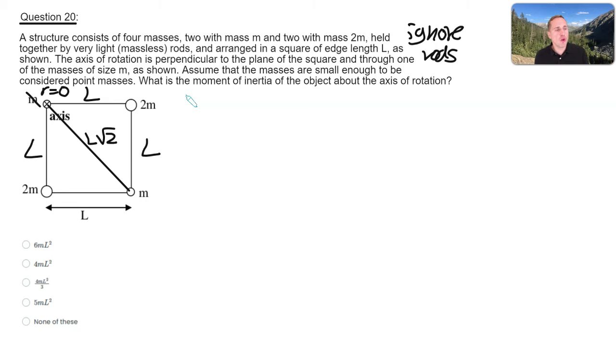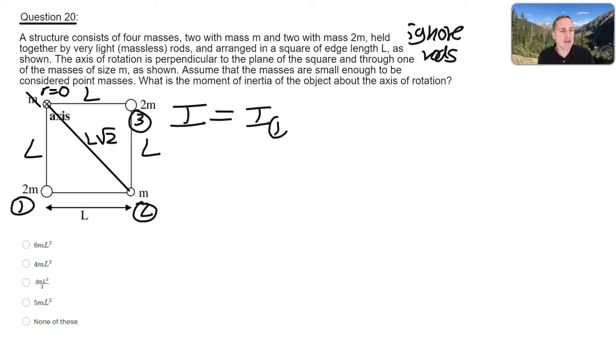Now, the whole moment of inertia is going to be treating each of these masses as point masses. So if I call this 1, 2, and 3, it's going to be like I1 plus I2 plus I3. You can just add them up for the total rotational inertia.